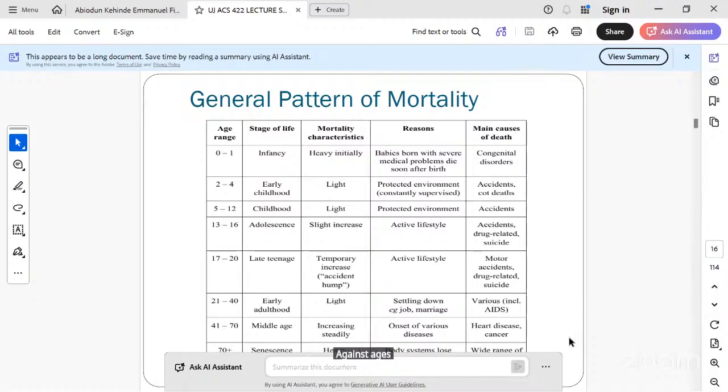I want you to plot the probability of survival against ages. I want you to do that for ELT 15 male and ELT 15 female.